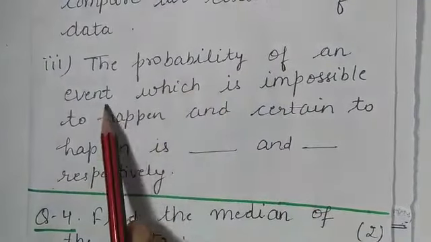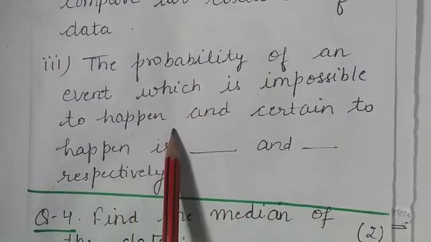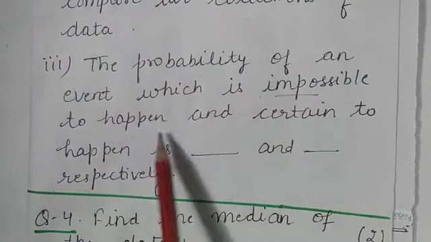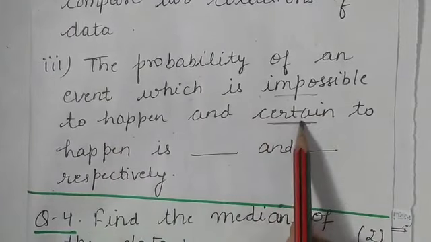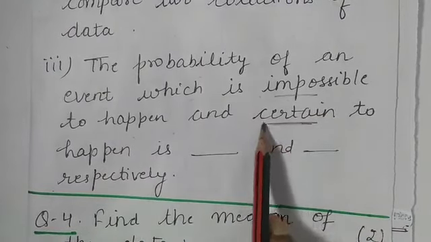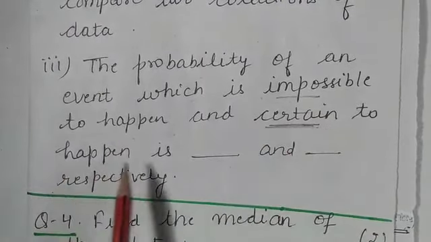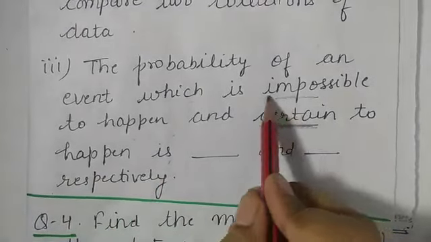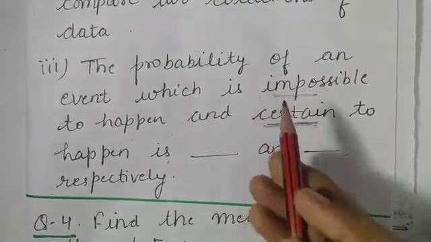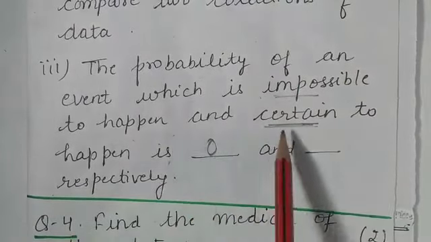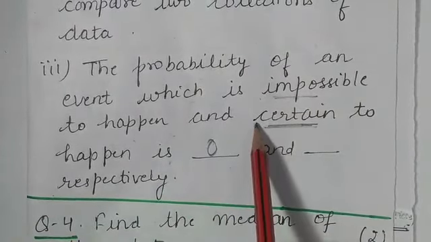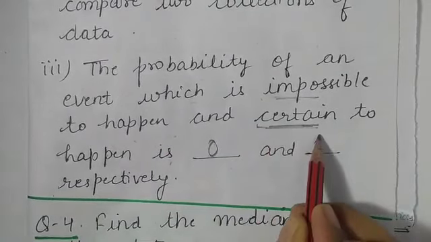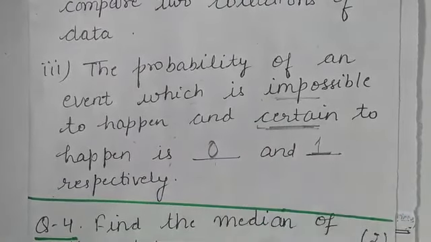The probability of an event which is impossible to happen and certain to happen. Certain means surely happen. Certain to happen is dash and dash respectively. So the probability of an impossible event is 0 and the probability of a sure event, or you can say certain to happen, is 1. So its answer is 0 and 1.